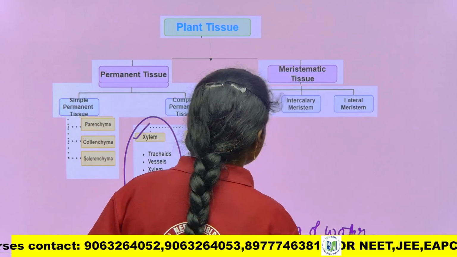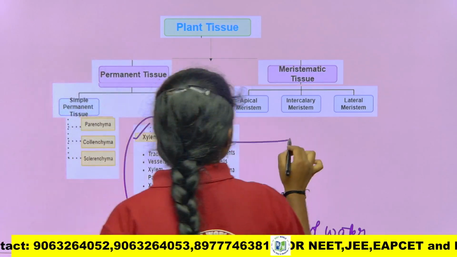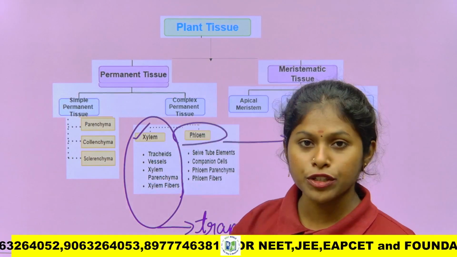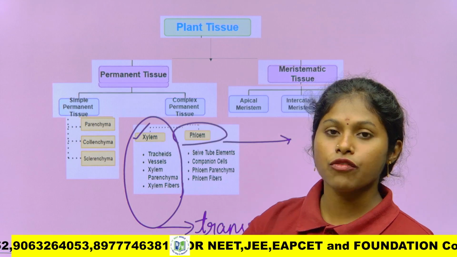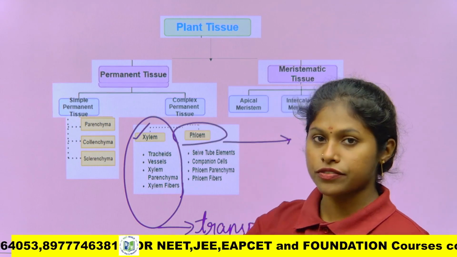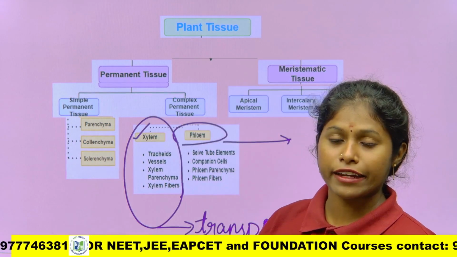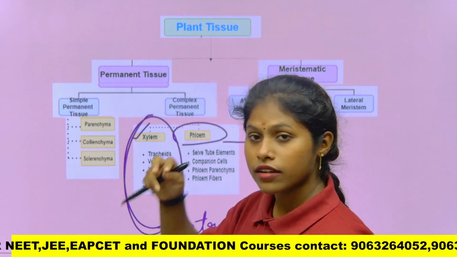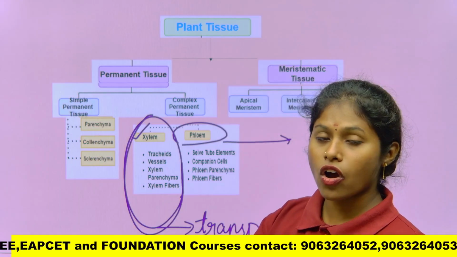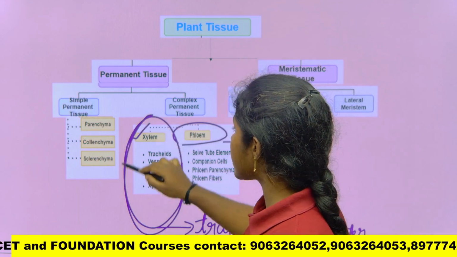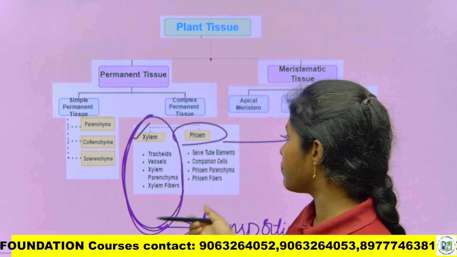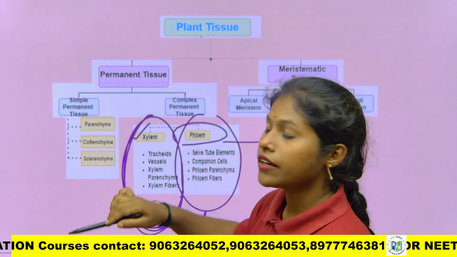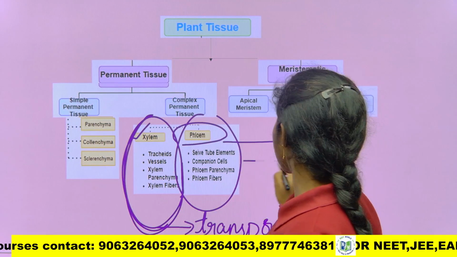These are the true workers of the plant. Why? Because the xylem tissue transfers the water to all parts of the plant, like roots, stems, branches and all that, from the ground, from the root to all parts of the plant. Which tissue is transferring the water, children? Xylem. And which tissue is transferring the food? Phloem.